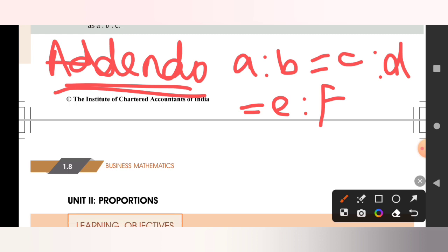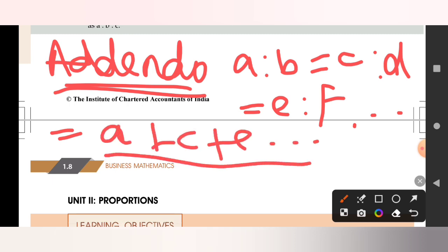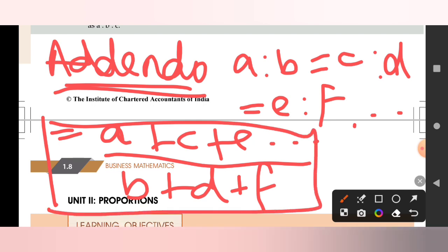Suppose A is to B is equal to C is to D is equal to E is to F, and it goes on. So these ratios are also equal to adding all the numerators divided by adding all the denominators. That is, all these ratios are equal to A plus C plus E divided by B plus D plus F. So this is another property of proportions.